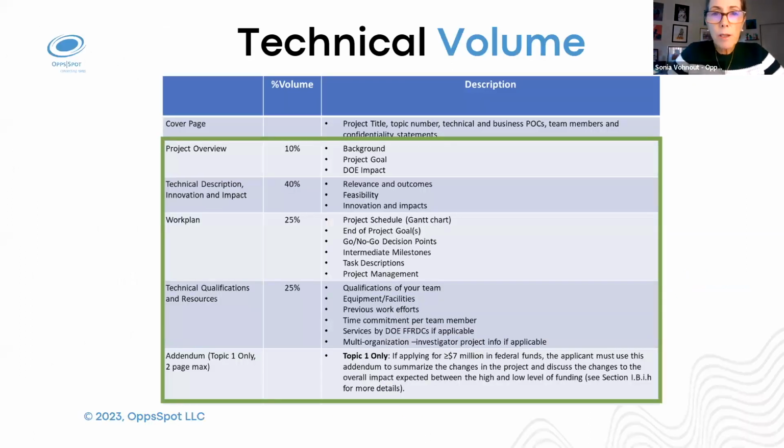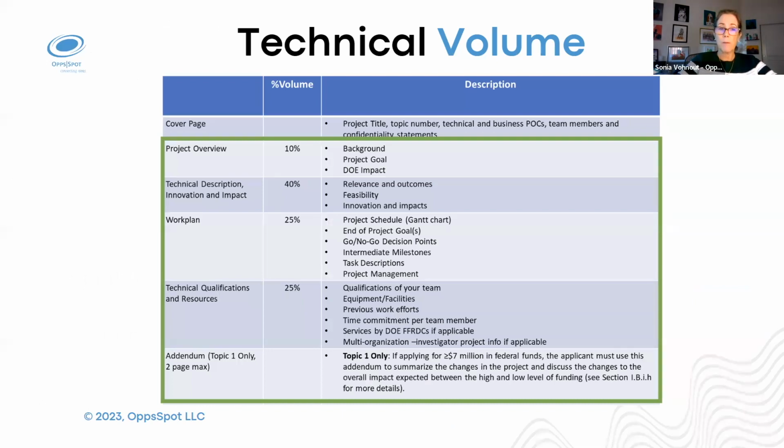Okay, so let's look at the technical volume. So here again, I got all this information from the FOA, and you could go for more details there or ask questions when you have them.